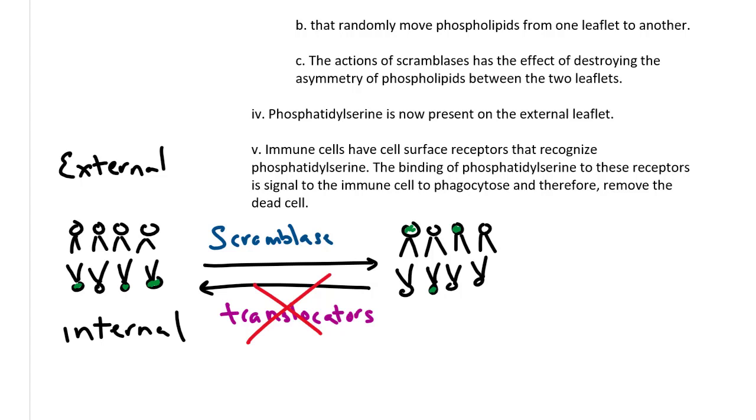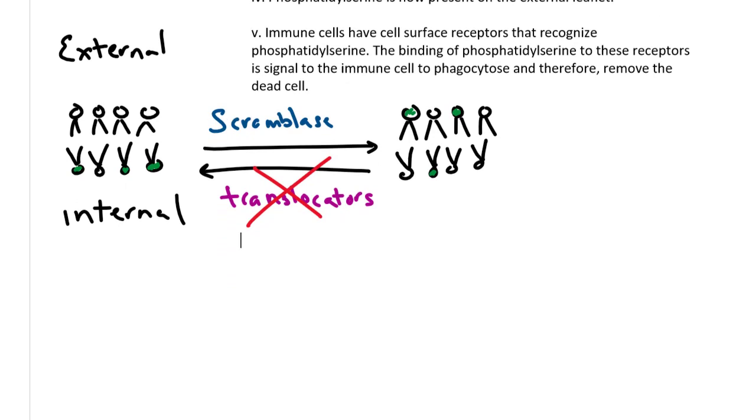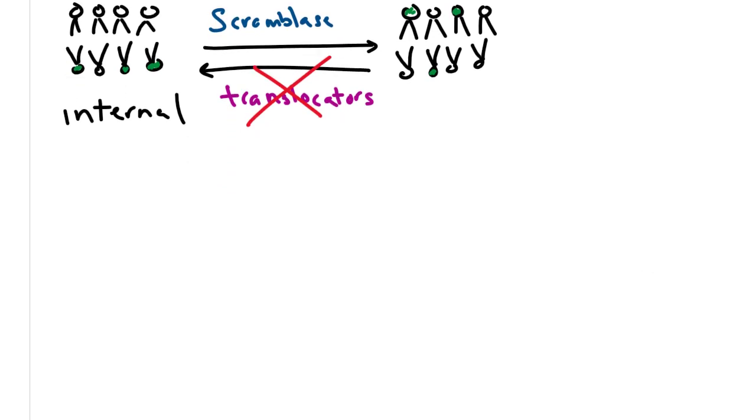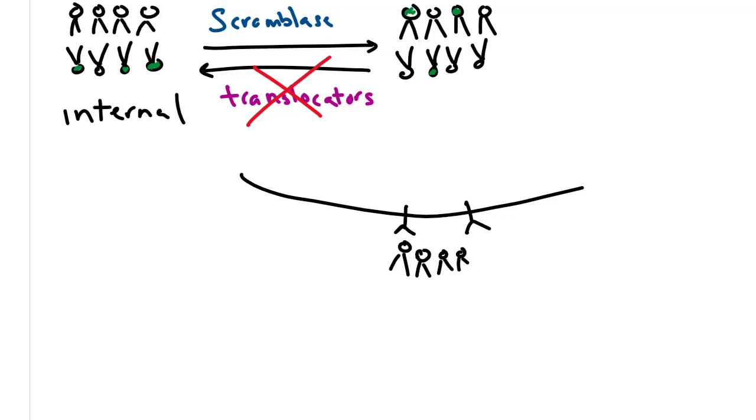Now, when you have that, you'll have immune cells. Let's scroll down a little bit. And here's an immune cell's membrane. It will have receptors that bind to and recognize these phospholipids. I know that I didn't draw out the phospholipid bilayer for the immune cells, but just imagine that that line is the phospholipid bilayer, and this is the membrane of the dead cell, which then goes around like this.